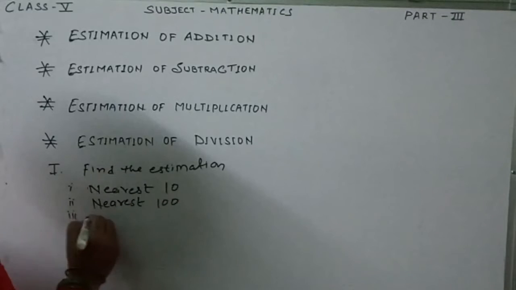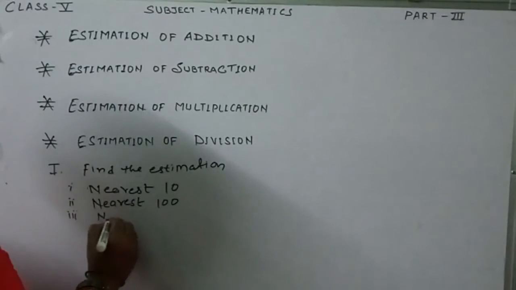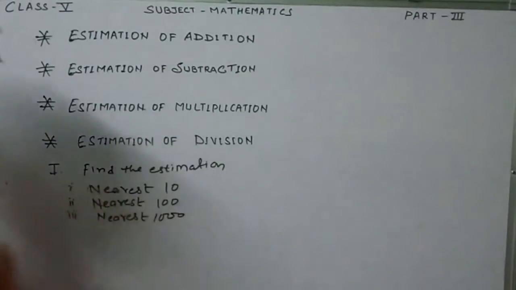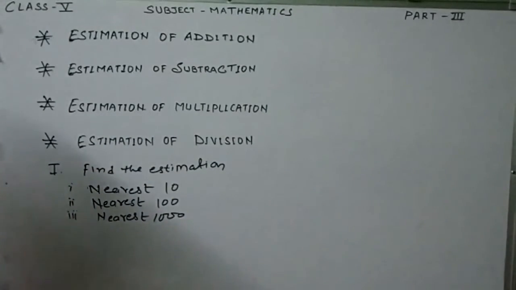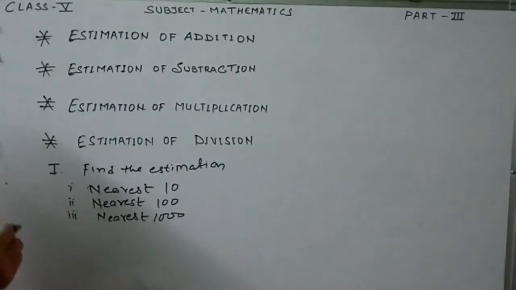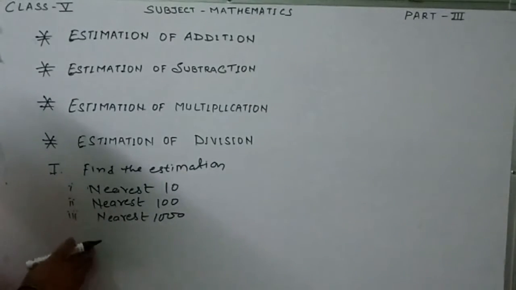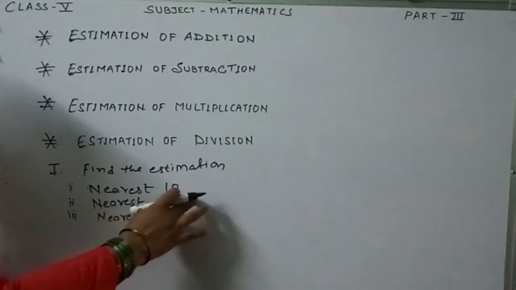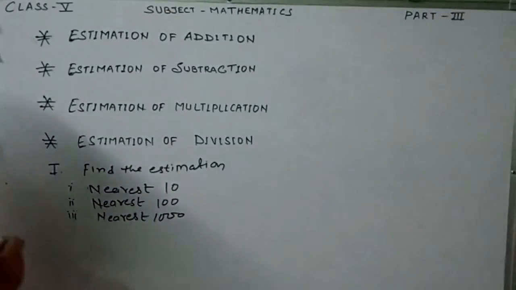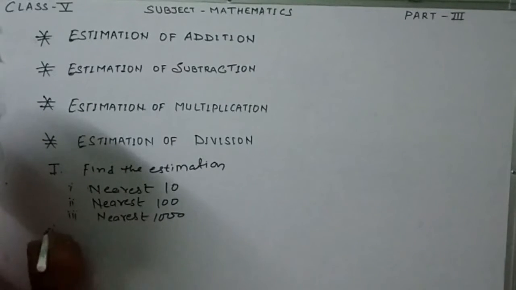Third, nearest 1000. You have to give the nearest estimate of any number, and the question will mention whether to estimate to the nearest 10, nearest 100, or nearest 1000.